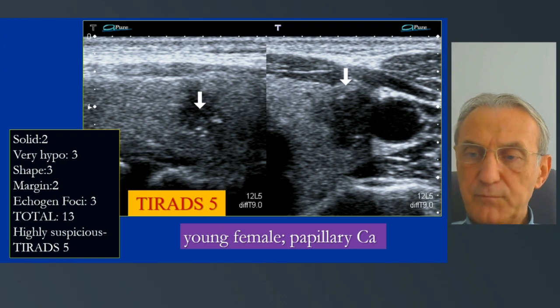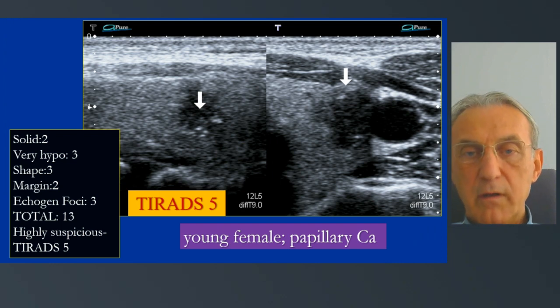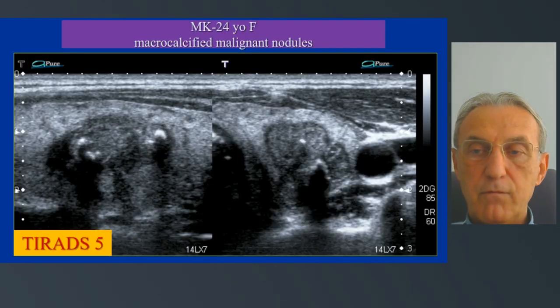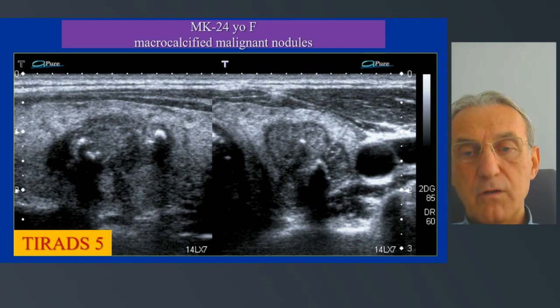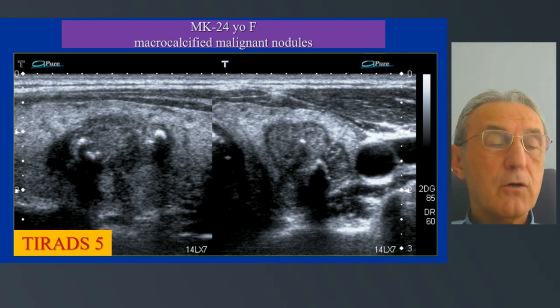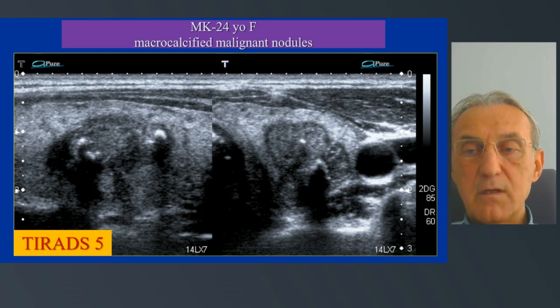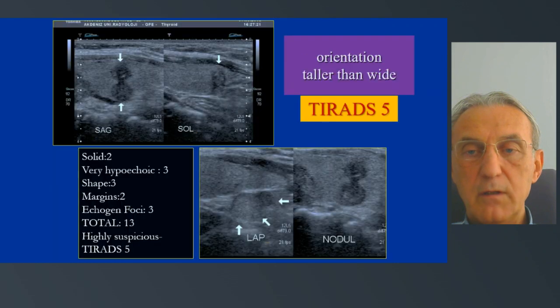It is taller than wide and has all other properties, irregular borders, very hypoechoic, punctate echoes, and it's a thyroid 5 malignancy. The microcalcifications or macrocalcifications can be seen, as in this case these are macrocalcifications in a thyroid 5 malignant nodule.